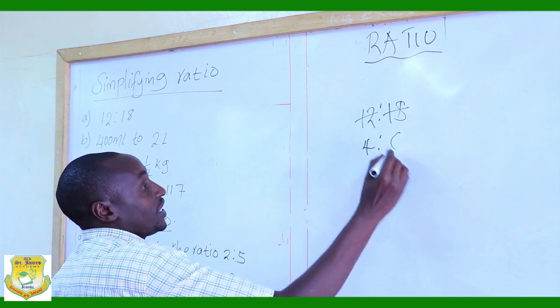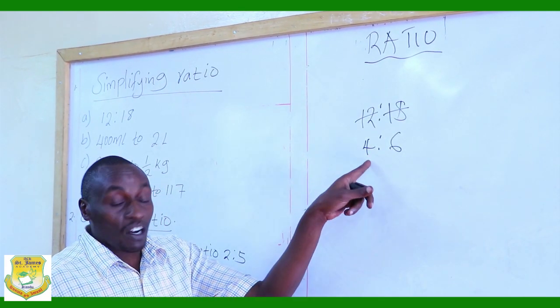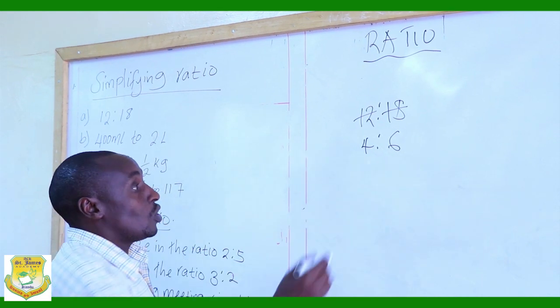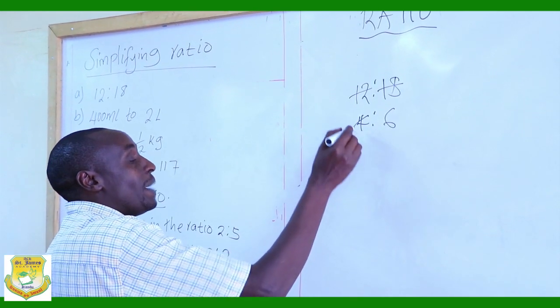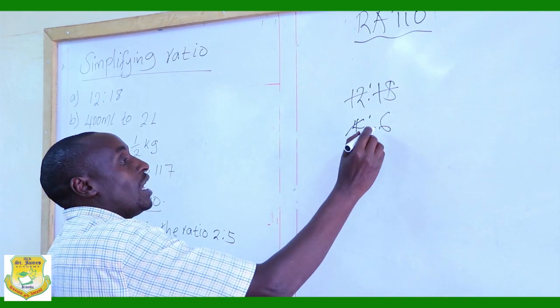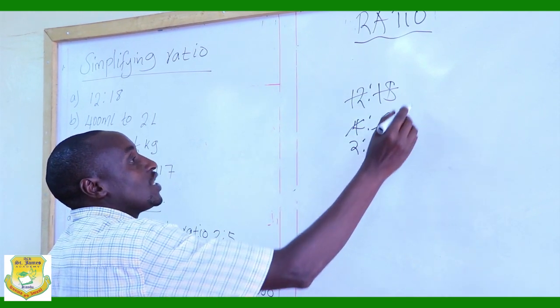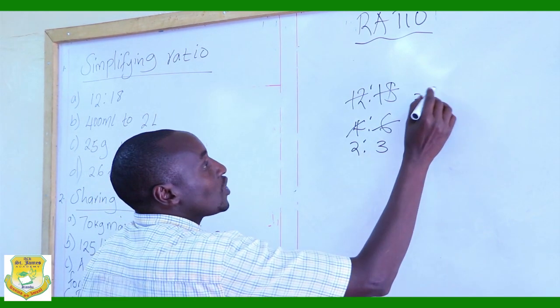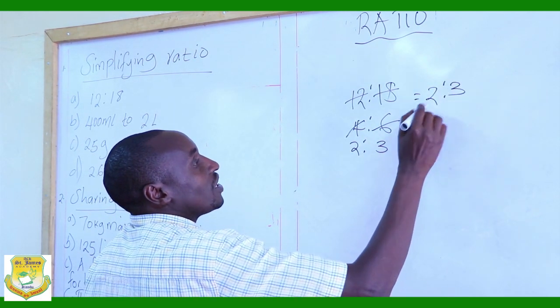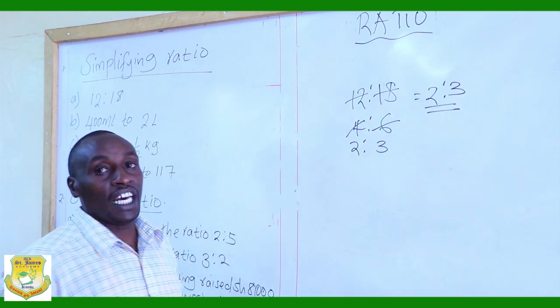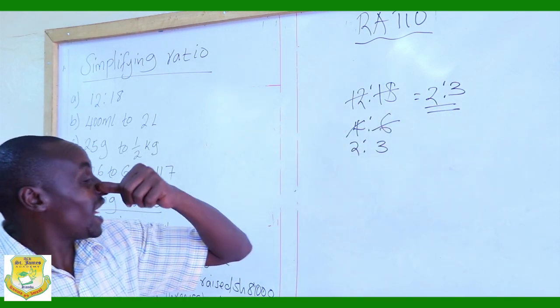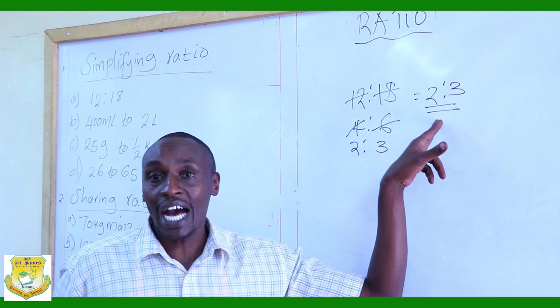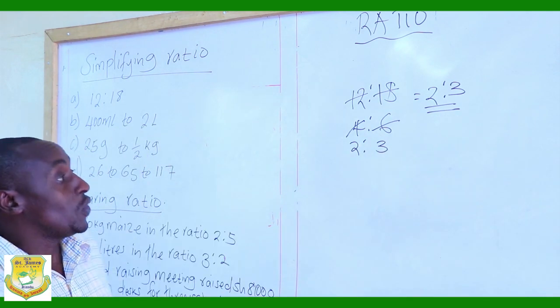By 3, we get 6. Still, there is another common divisor, 2. I divide by 2, I get 2. By 2, I get 3. So 12:18 in the simplest form is 2:3. As we have said, we write ratio in the simplest form and we don't write the units.